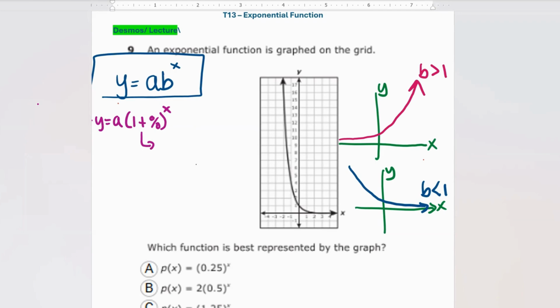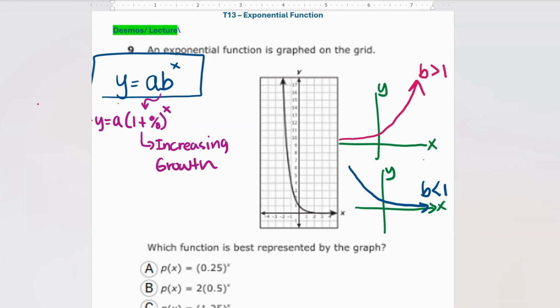So this is going to be increasing or growth.